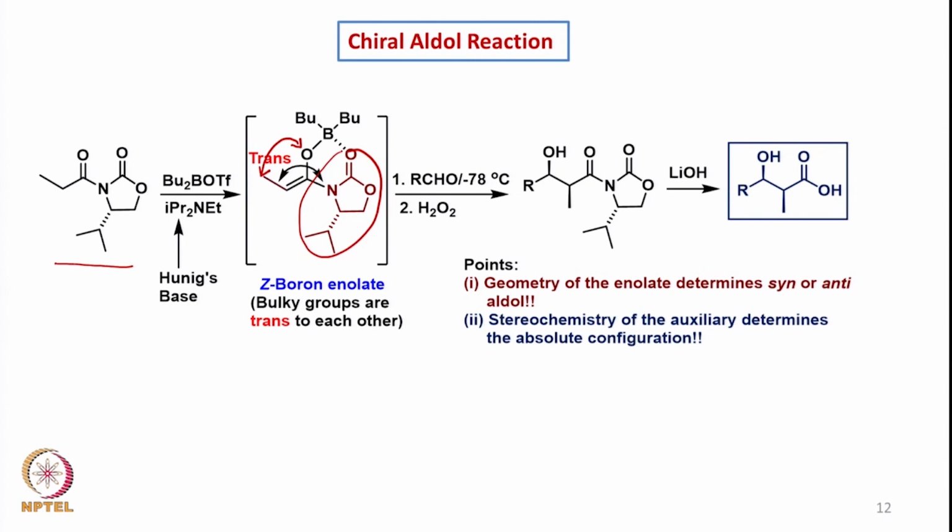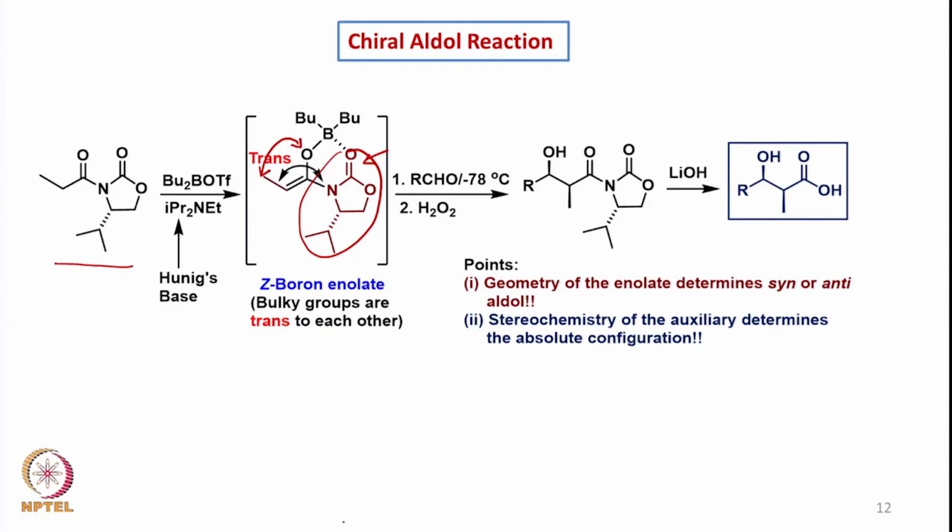Now once this Z enolate is formed, there is a better chelation between boron and oxygen, just the way we saw in the case of lithium, and therefore this is a bicyclic enolate where everything is prefixed. As you can see, the Z boron enolate, which has a bicyclic structure, involves the boron and the oxygen of the auxiliary in chelation.